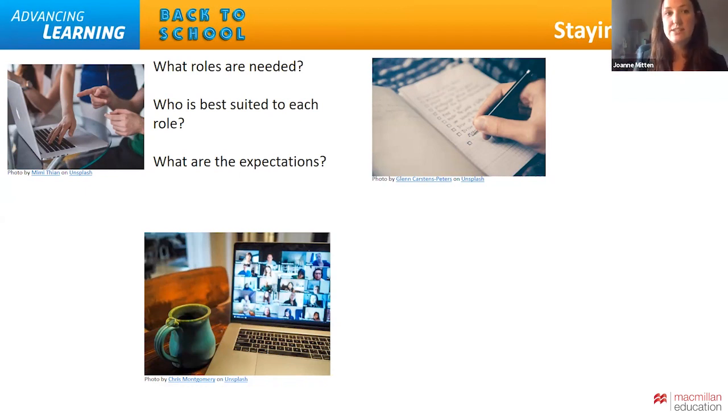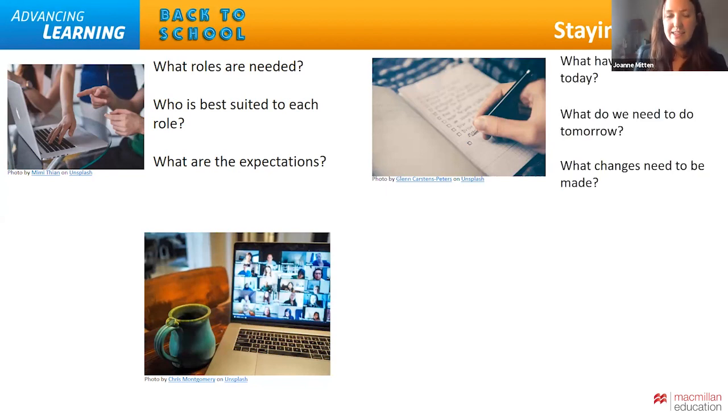The students decide what roles are needed, which of us is best to do each role, and now I have this role, what are my expectations in this role? So it's exactly like what was mentioned last week. You don't need to launch into everything straight away and have it very complicated and very difficult from the beginning. You can ease students into this type of project work, so you can set everything up for them. And then when they get used to it, in the next project work they have more autonomy and they're setting up the roles.